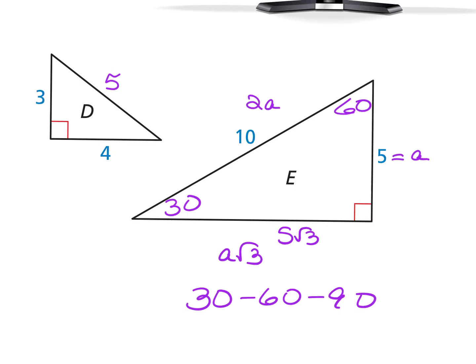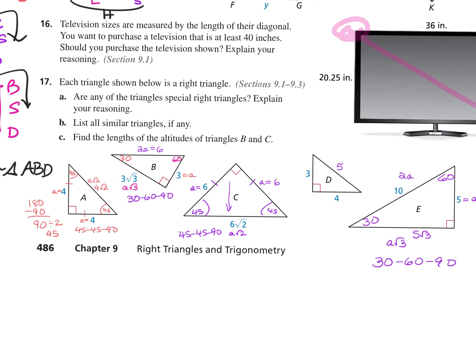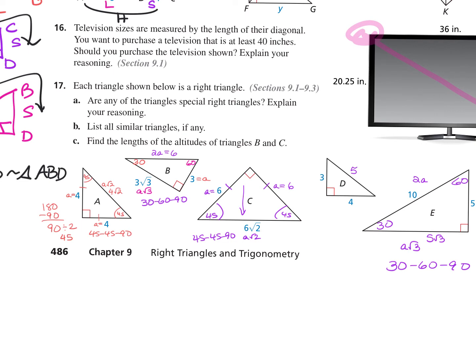Now, the next part said, which ones are similar? Well, if you reach back to chapter 8, remember we learned 3 shortcuts to prove triangles similar, and the easiest one was angle, angle.